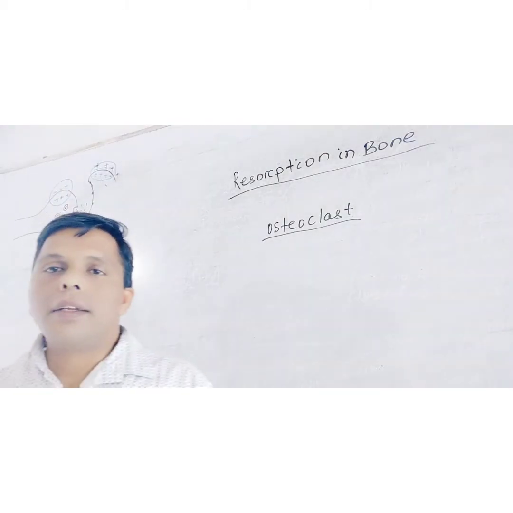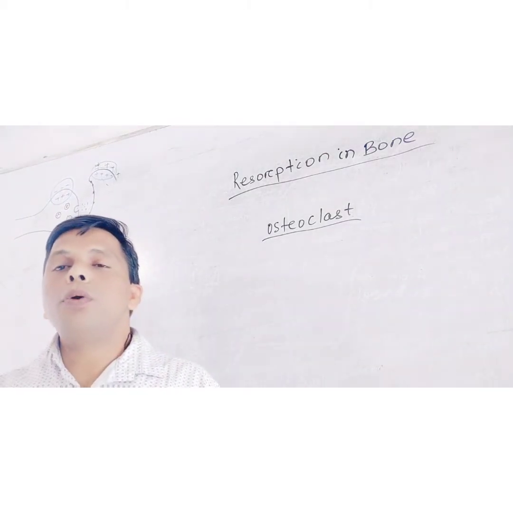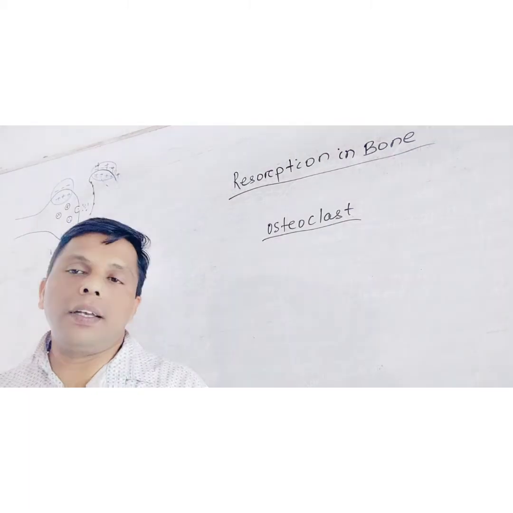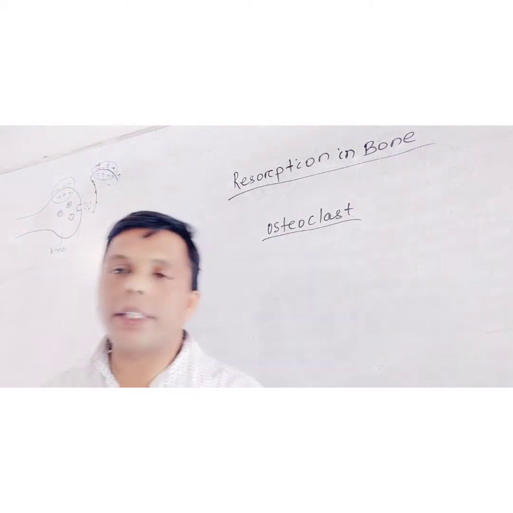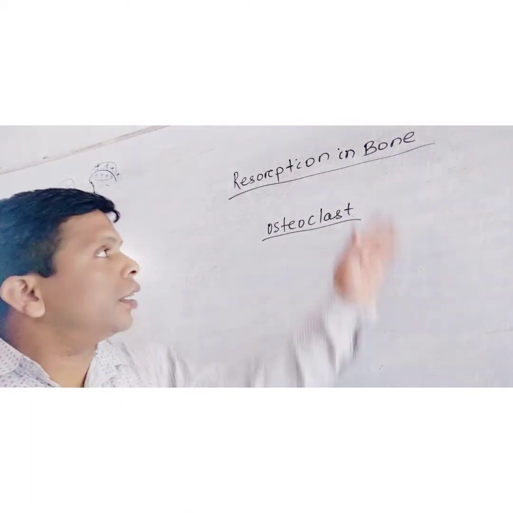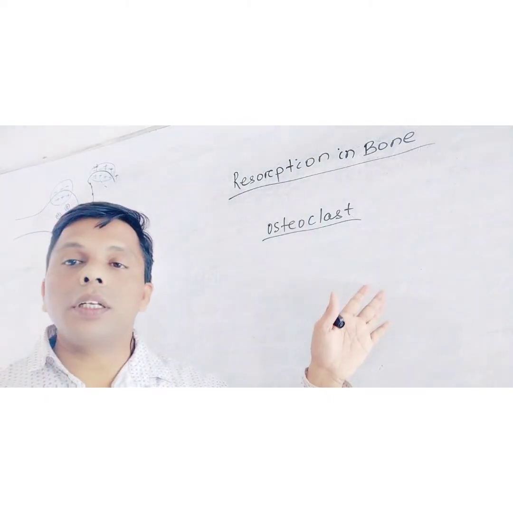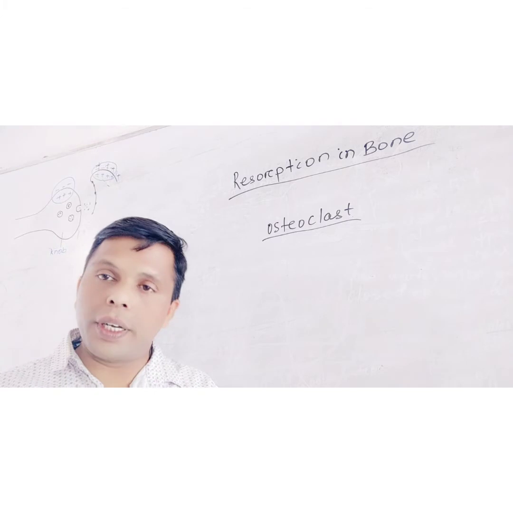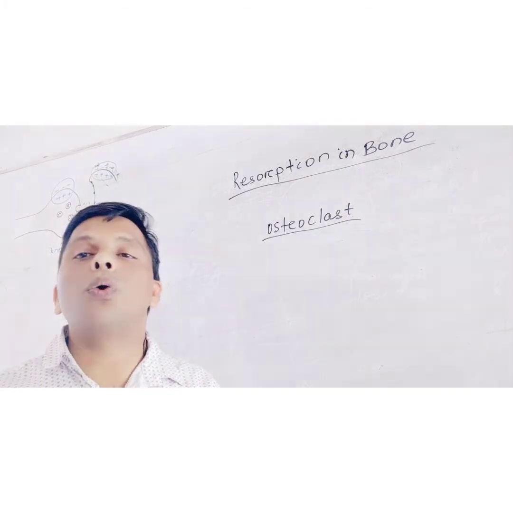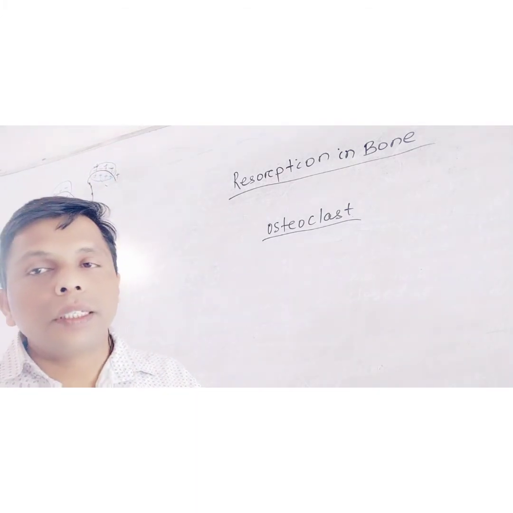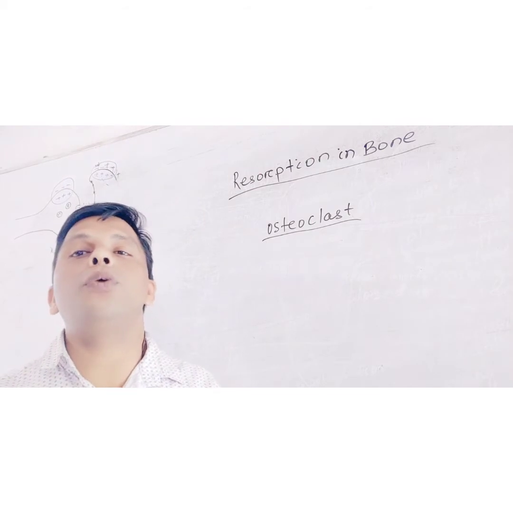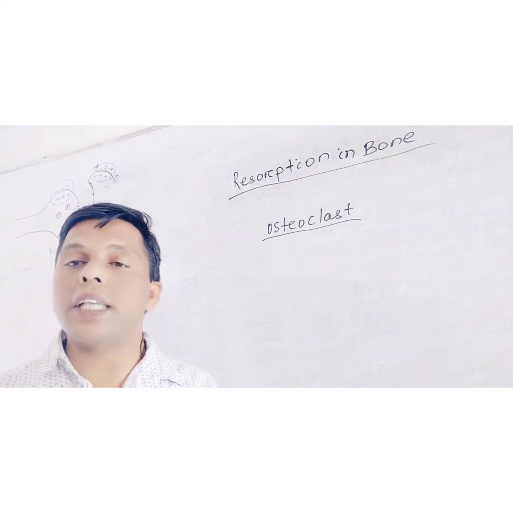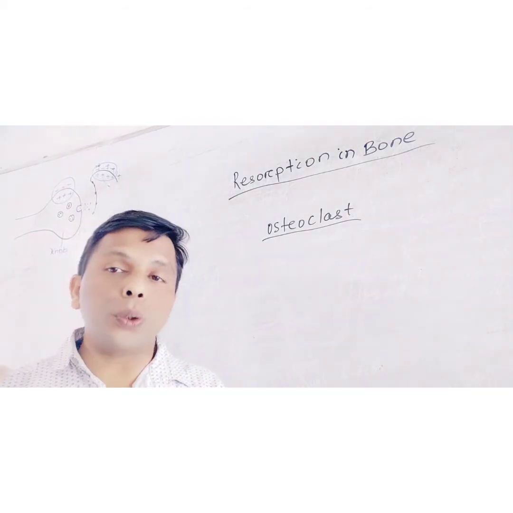So we have to go through this process in detail. What happens? First of all, during resorption, the osteoclast cell first gets activated. After the osteoclast cells become active, they start degrading the bones.